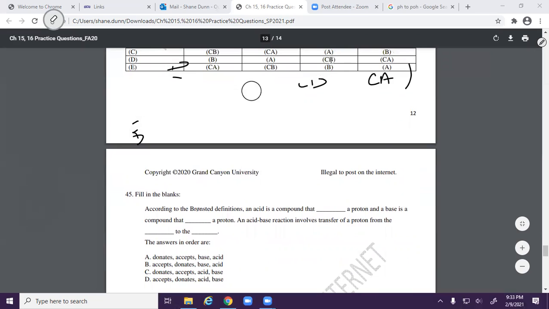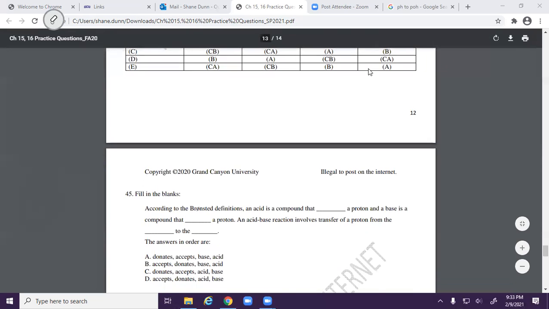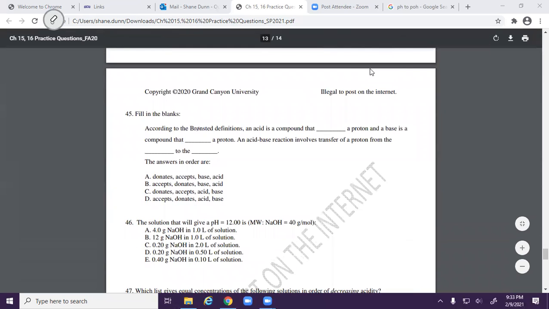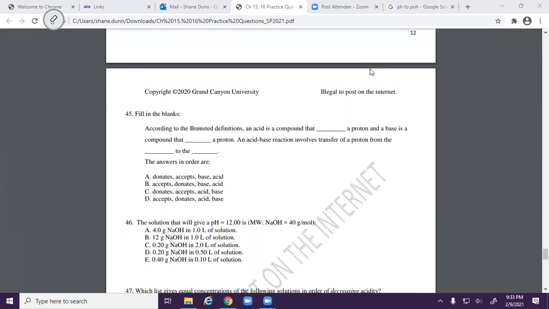So, this question I can almost guarantee will be on a quiz or an exam at some point. Number 45. So, an acid does what? Does it accept or donate a proton? And a base does what to the proton? Accepts. Good.